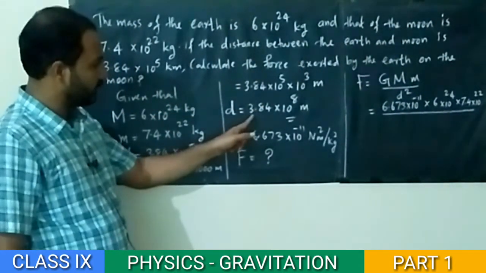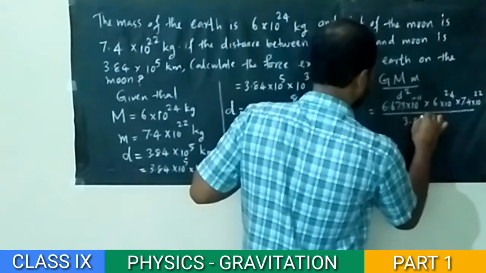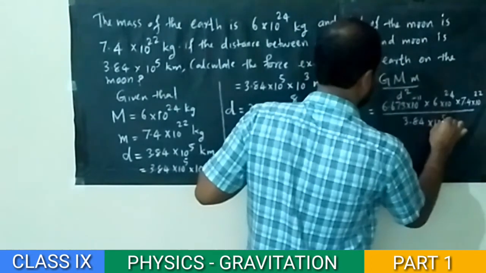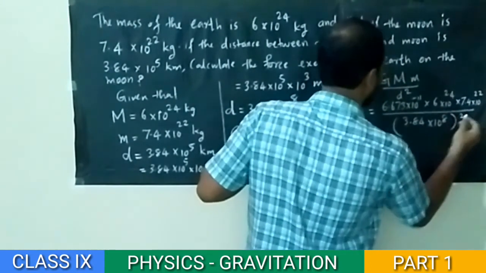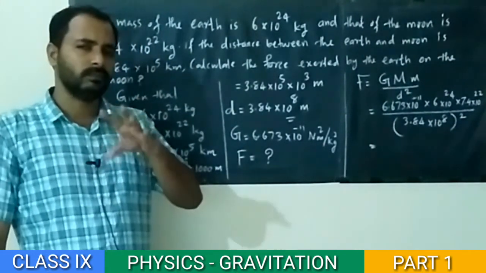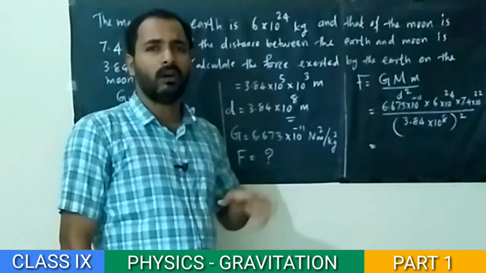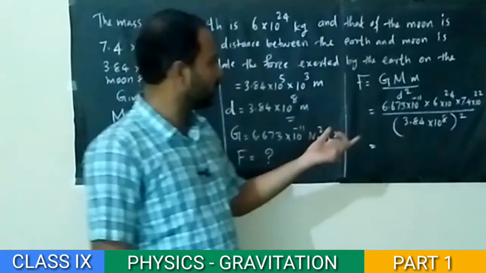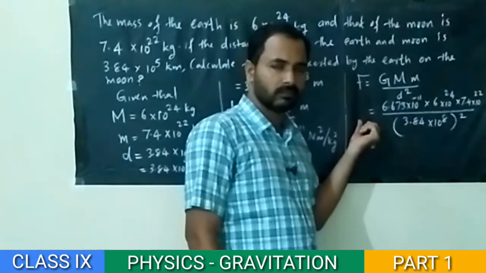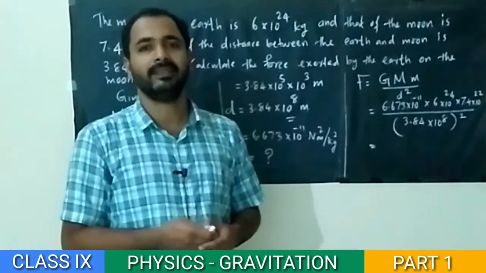What is d? 3.84 × 10^8, whole square. So we just substituted all given values in this equation. This is the physics part. Next is the mathematical part.